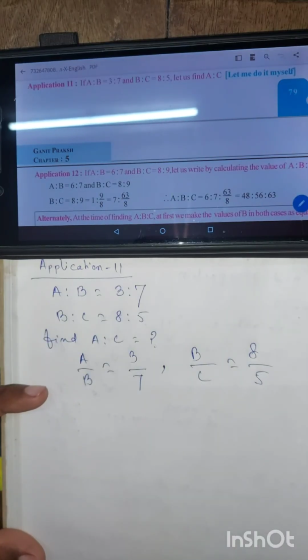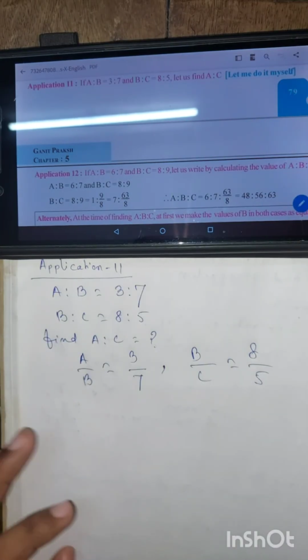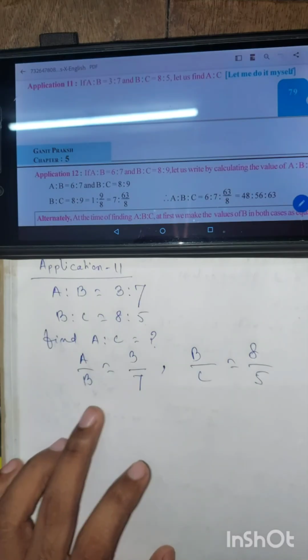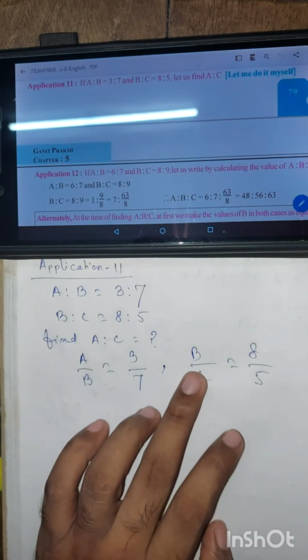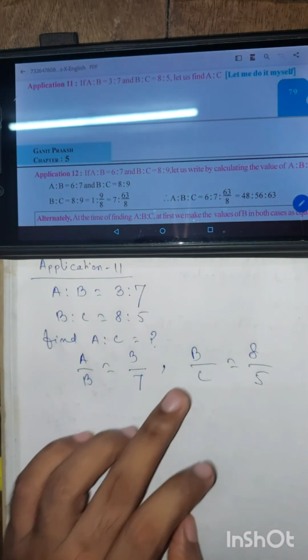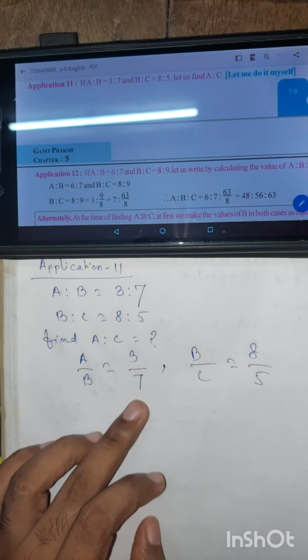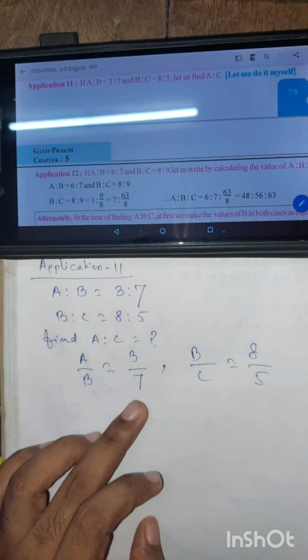B by C is 8 is to 5. Now we can see in these two ratios B is common. So we need to make B equal. Only then we can compare A, B and C.